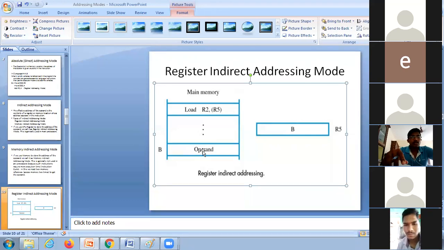Tell me. 510. Whatever is there in R2, that will be here.